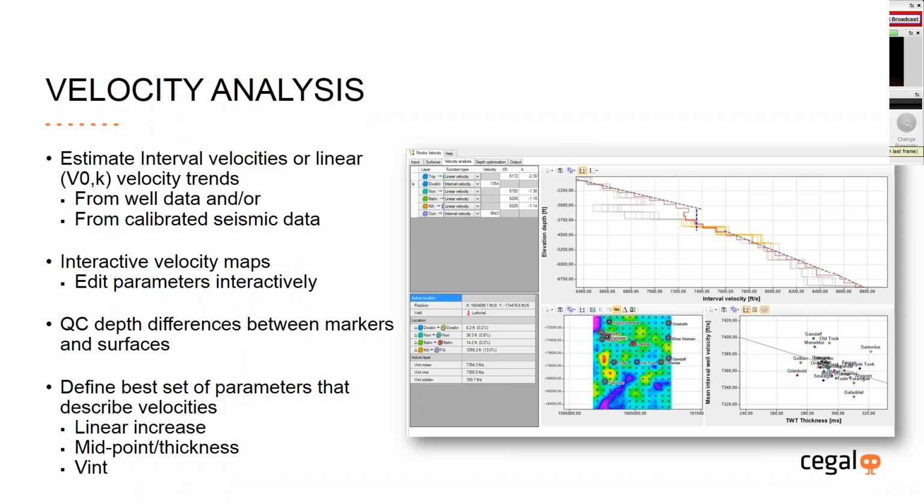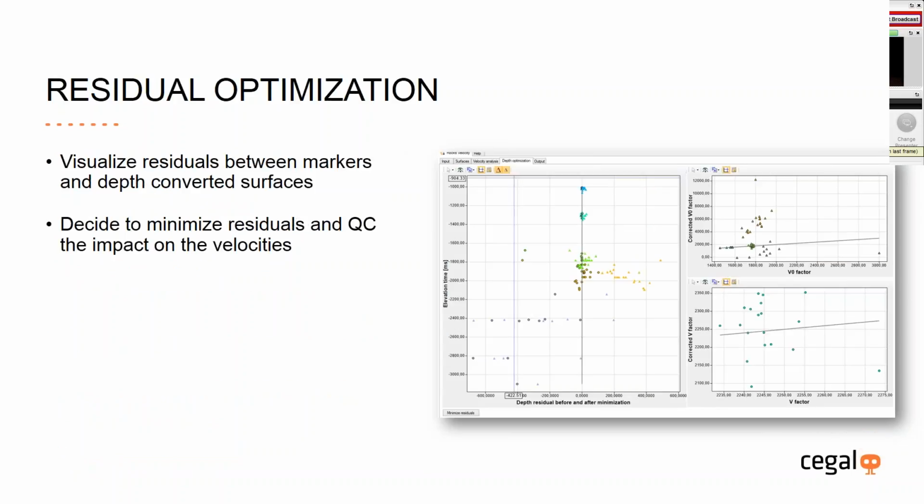So you will display and plot the velocities and then try out different parameter models, like linear velocity increase with depth, or interval velocity, have the ability to, if necessary, edit parameters, and then QC some differences of markers against surfaces.